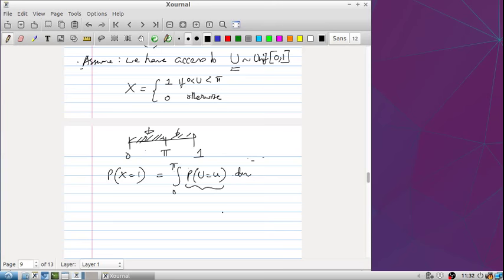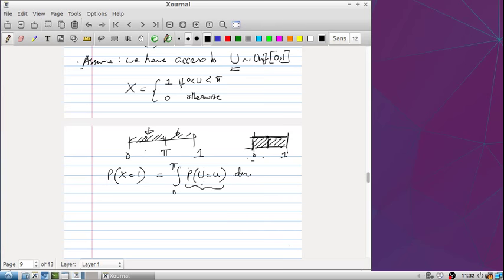U is a uniform random variable. So if you actually draw it, in terms of probability density function, it's going to take some value, right? Some value here. Some value between 0 and 1. So for each value, there will be some value here, right? Such that it integrates to 1. So what is the value? Yeah, area under the curve is 1.